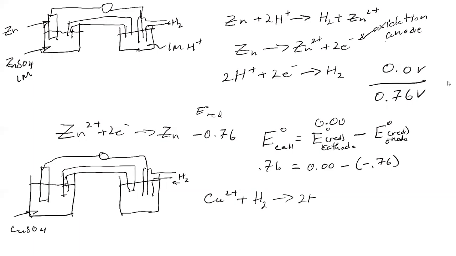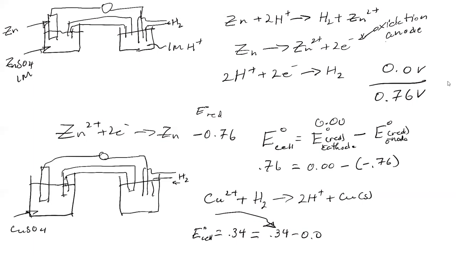To produce H2 plus Cu metal. So the reduction is the copper, and E0 cell for this reaction is going to be 0.34, and that's going to equal 0.34 minus 0. But the 0.34 goes with that part, and it's 0 both directions.